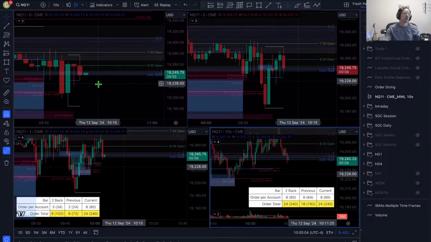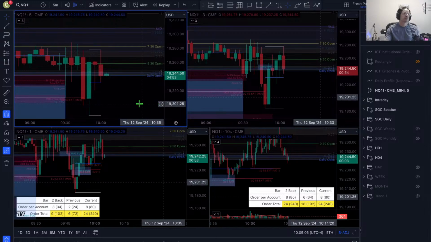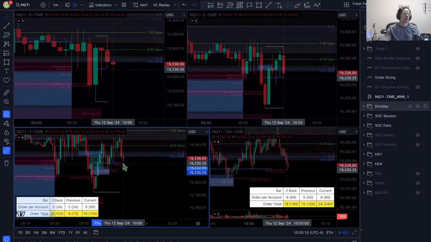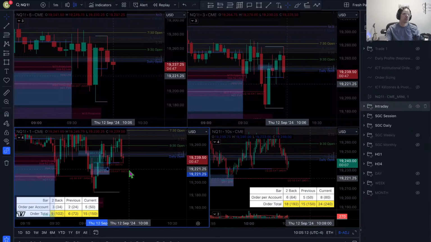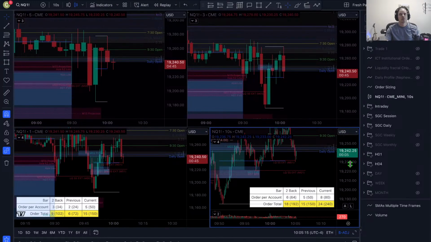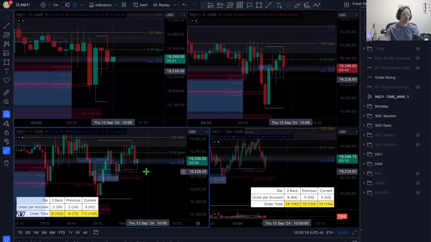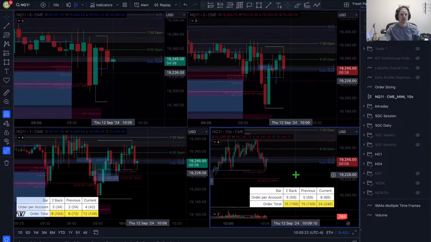Five-minute close back down right at the daily open. This could be the liquidity hunt. It's an M1 level right at the EQ of that structure. Pretty good reversal off of that.